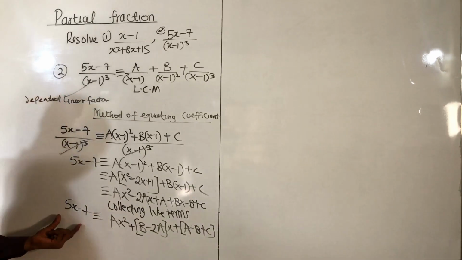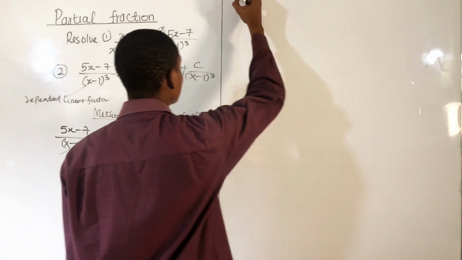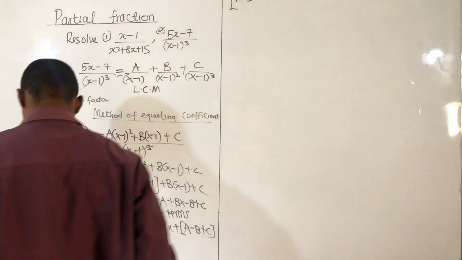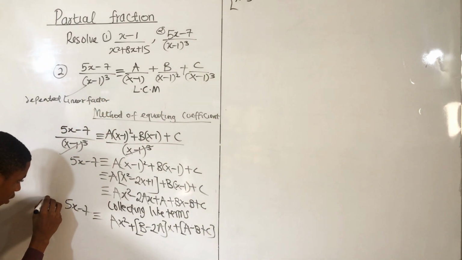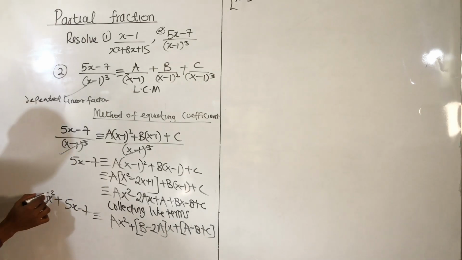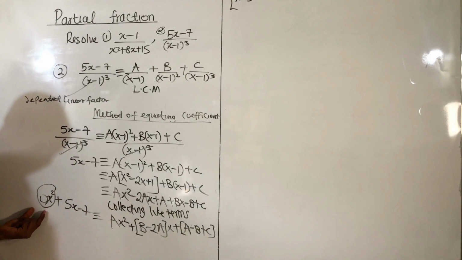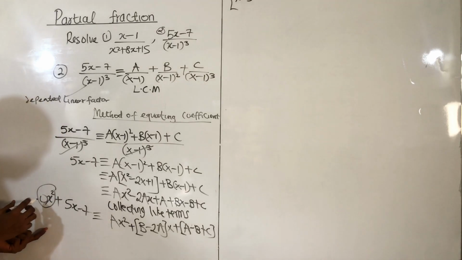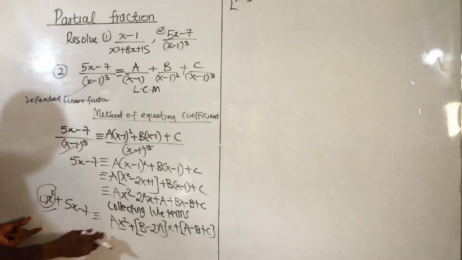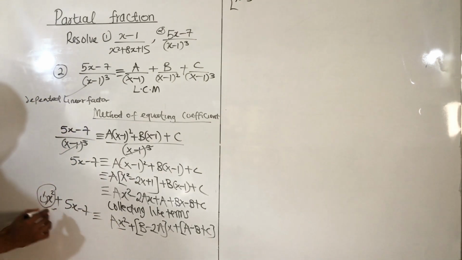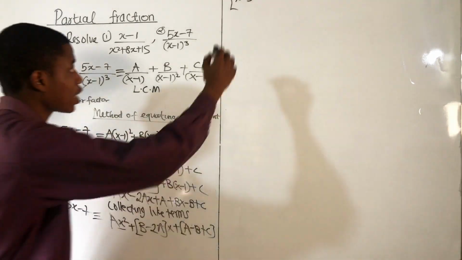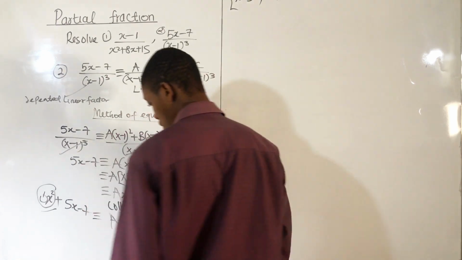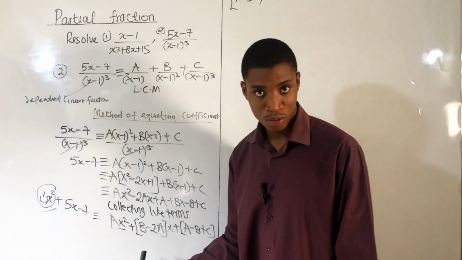Method of equating the coefficients. So we're going to equate for x, starting with x squared. For x squared, we can assume that we have 0x squared as one of the values, but 0 multiplied by x squared is 0. So when we're equating the coefficients, we notice that a is equal to 0 because the coefficient of x squared is 0, right?